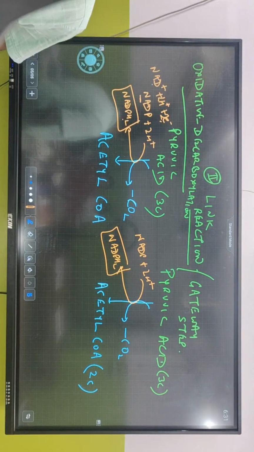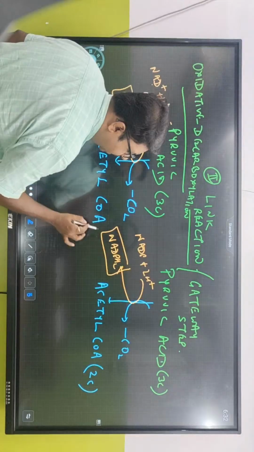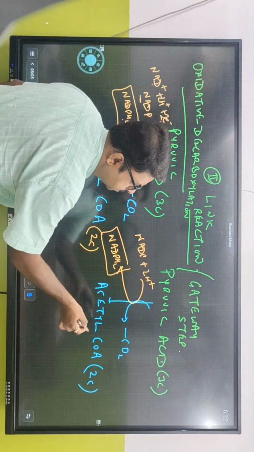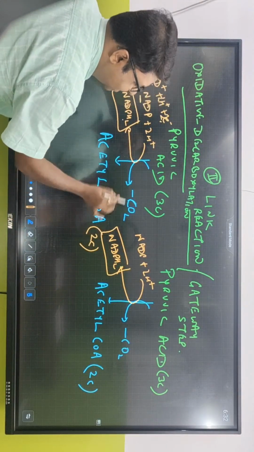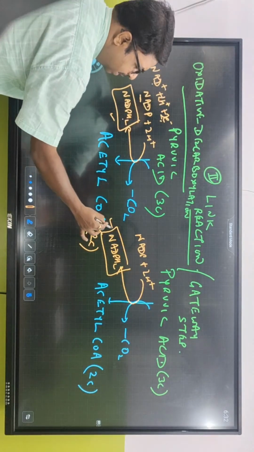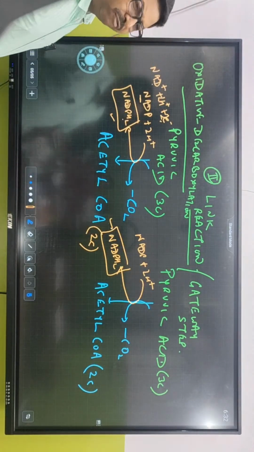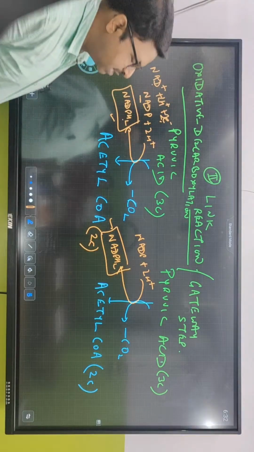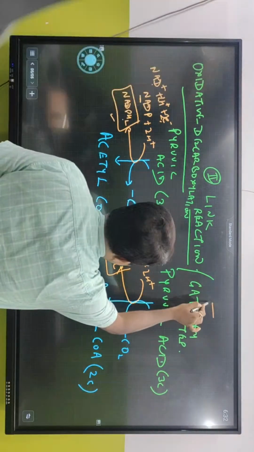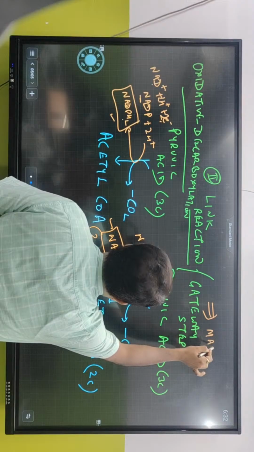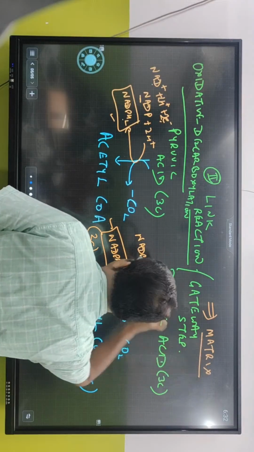Now, see. So acetyl CoA, how many carbon is acetyl CoA having? 2 carbon. So in this step, how many NADPs are being formed? 2. This step, link reaction, takes place where? Inside matrix of mitochondria.